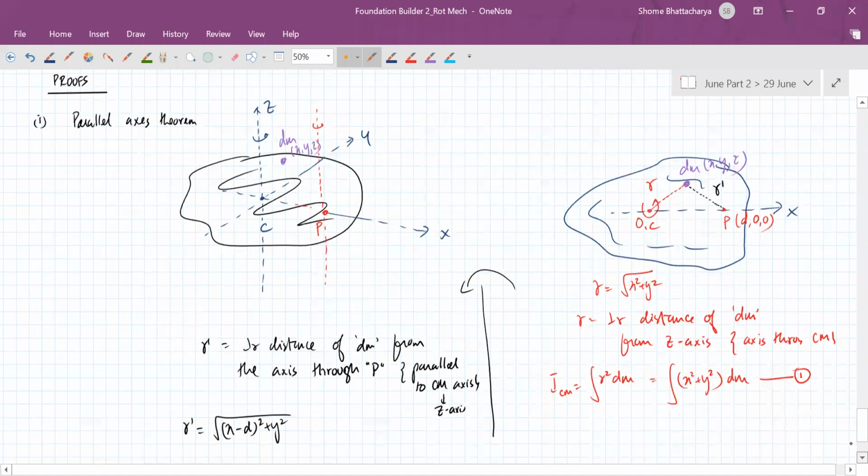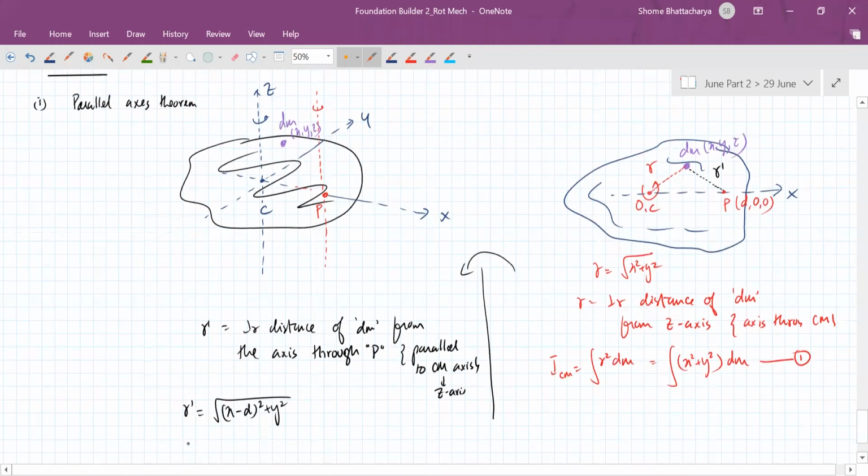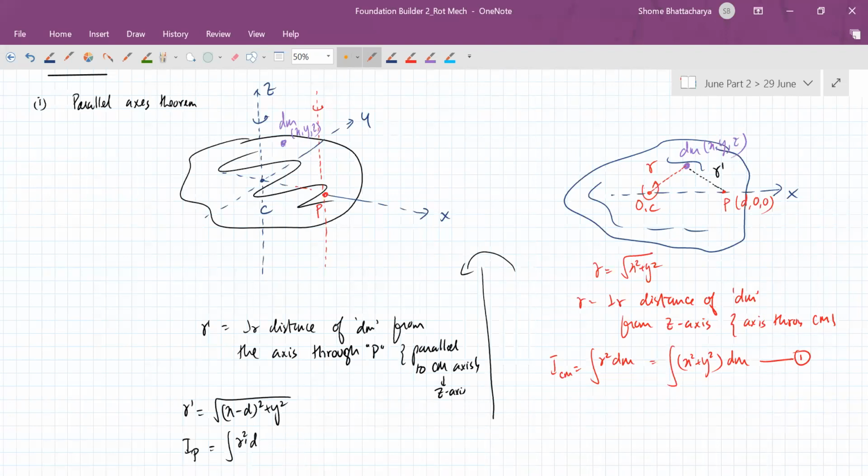So the moment of inertia of the system about this axis will be the integration of r prime square dm, that is, the integration of x minus d whole square plus y square dm.